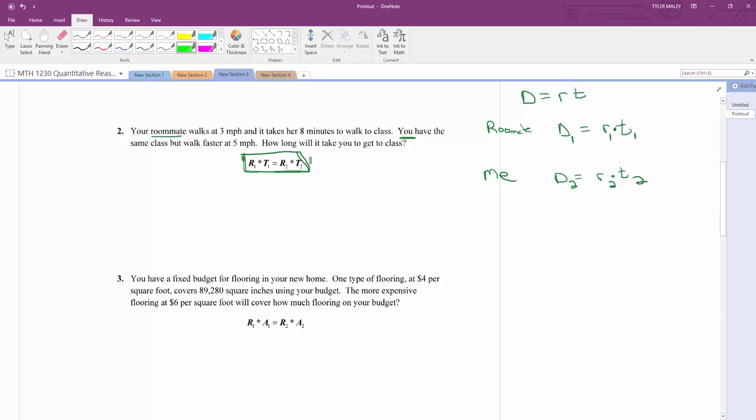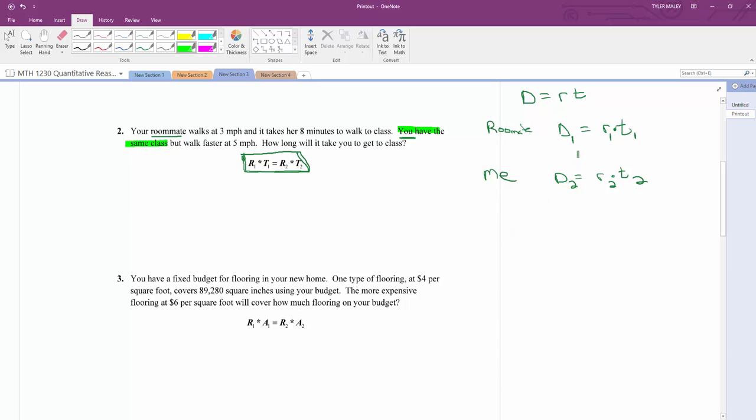Another key thing here that we're told is that we have the same class. The scenario is your roommate walks at 3 miles per hour and it takes her 8 minutes to walk to class. We have the same class, but we can walk a little faster at 5 miles per hour. We're wondering, how long will it take us to walk to class?